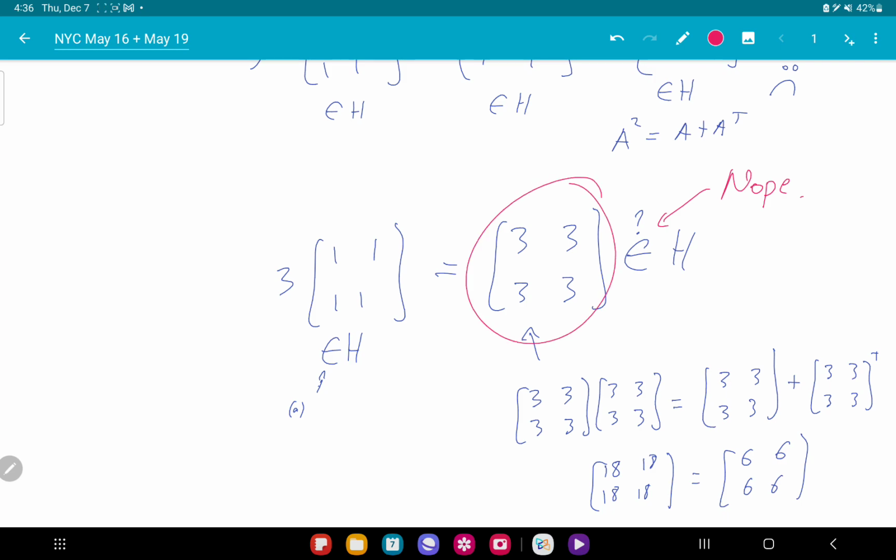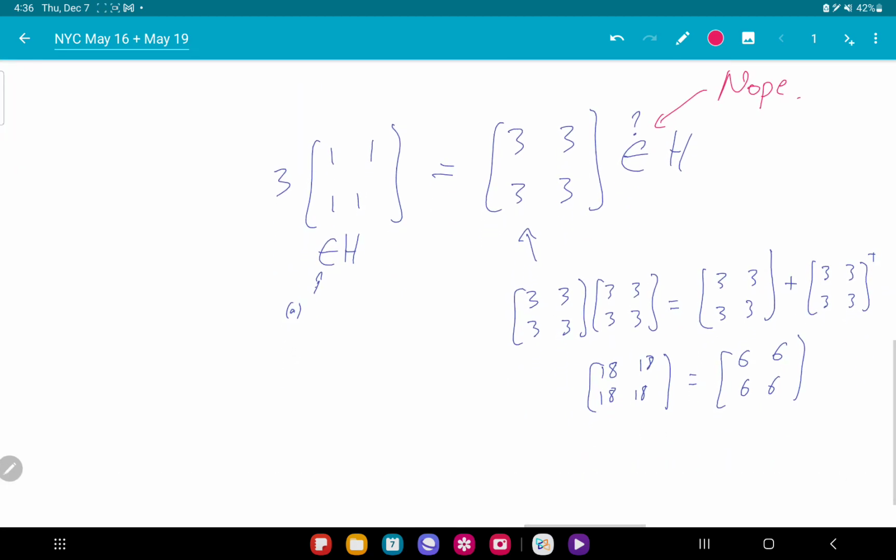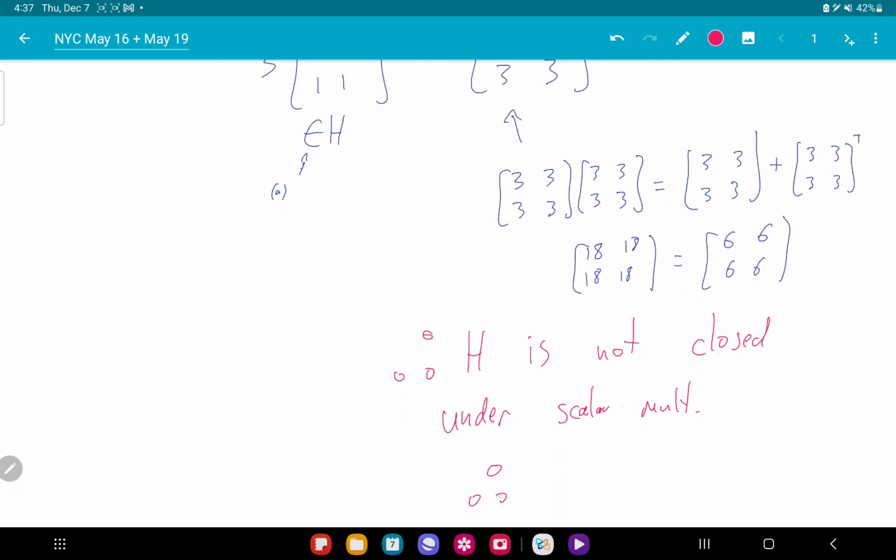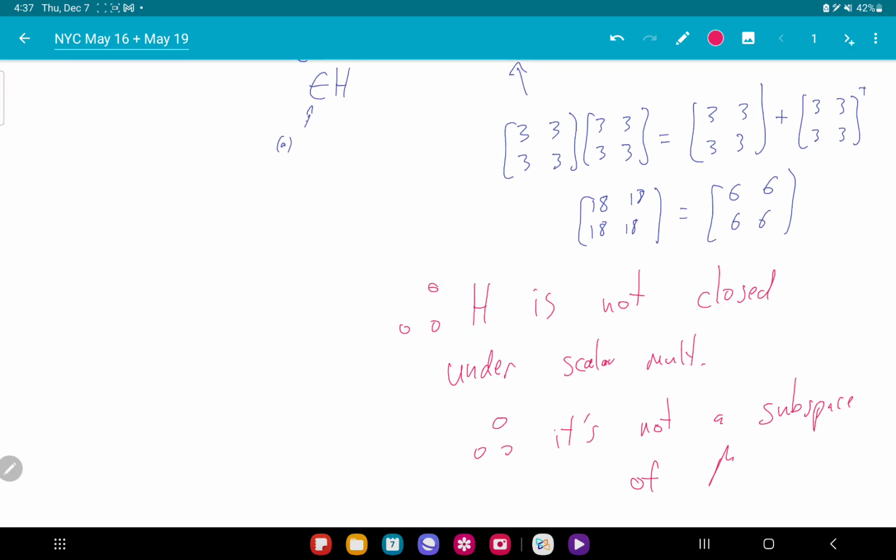And this new matrix is not in H. So my conclusion: H is not closed under scalar multiplication. Therefore, it's not a subspace of the space of 2 by 2 matrices.